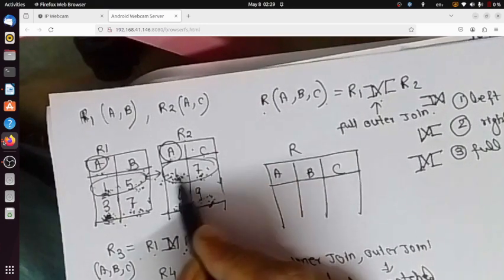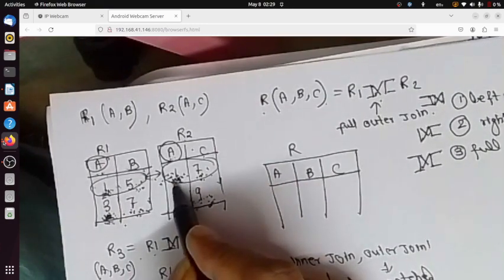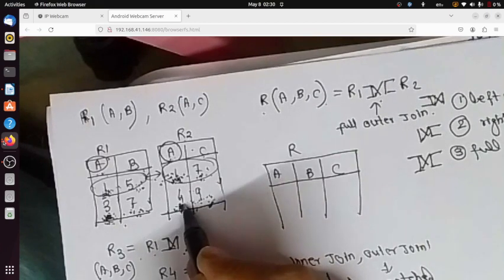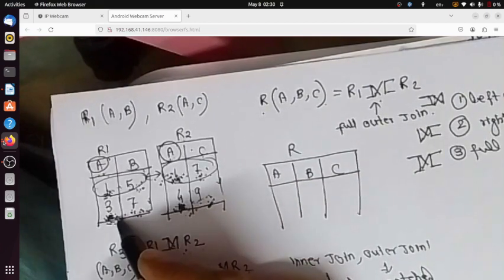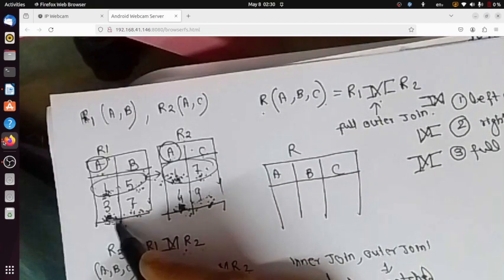Then we'll check the non-matched records for the right relation R2. Now this 1, 7 is already included in the matched records. Another tuple is 4, 9. For common column A, there are no such records in relation R1 for which column A has value 4.